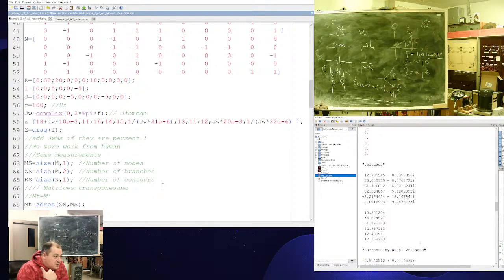So, is it complicated? How do you think? What will you tell? Is it more difficult to solve an AC network than a DC? Yes. I use the same code. The only point I need, what I need?